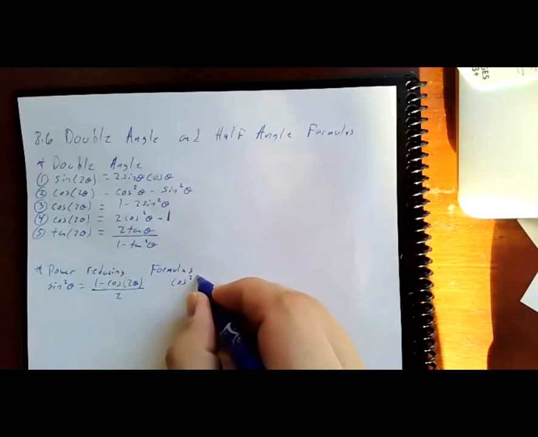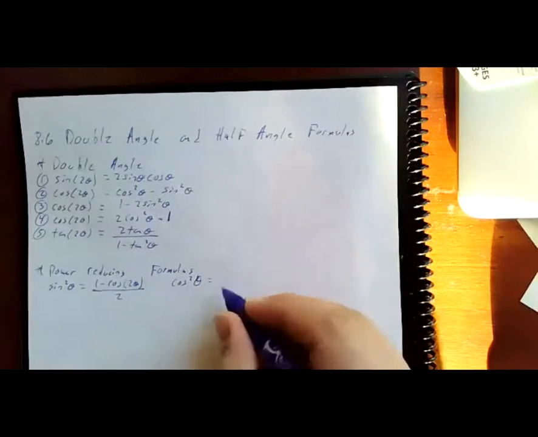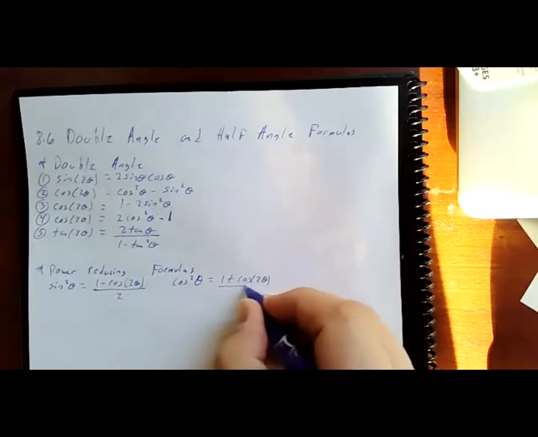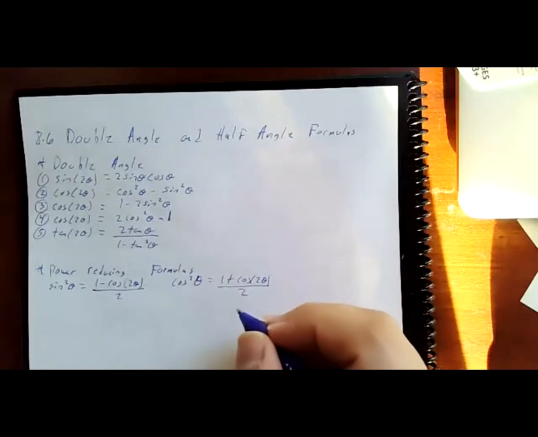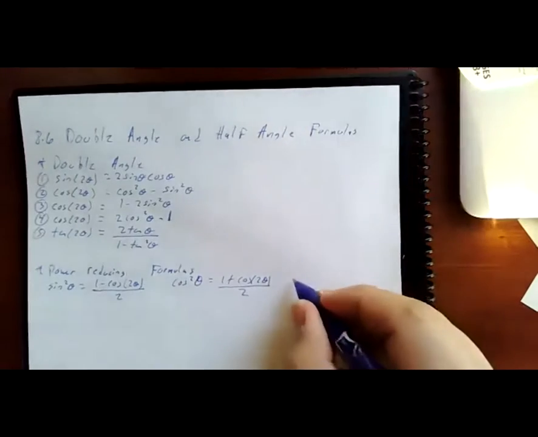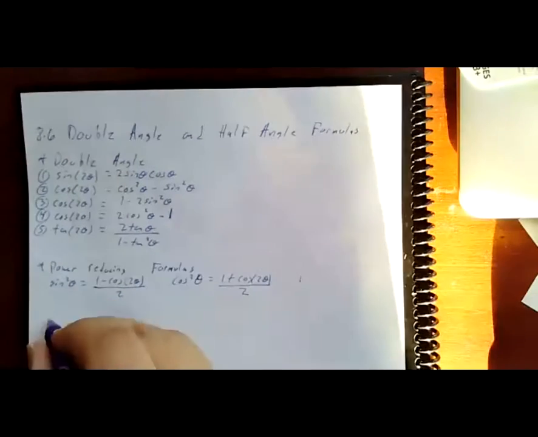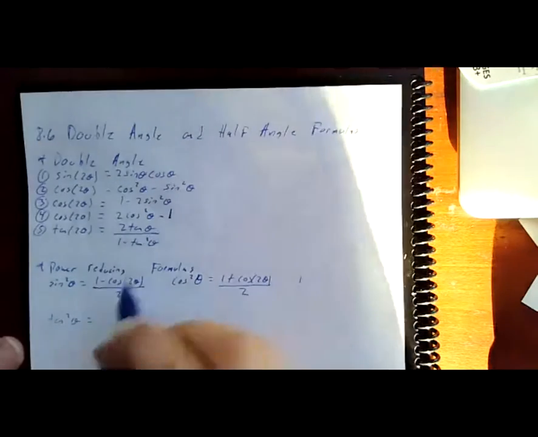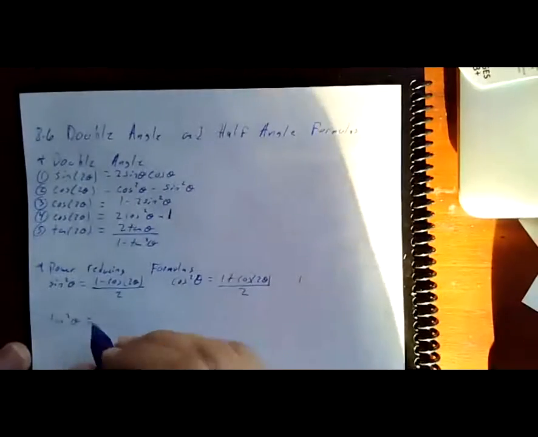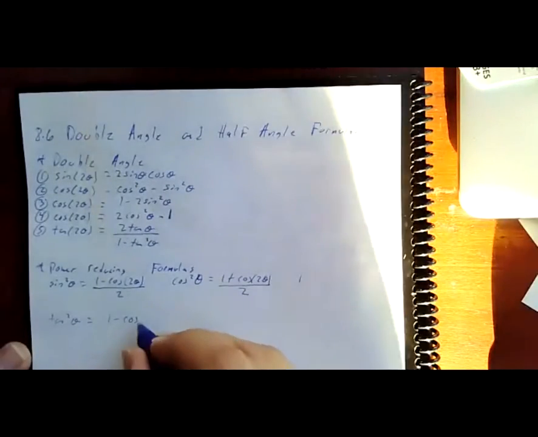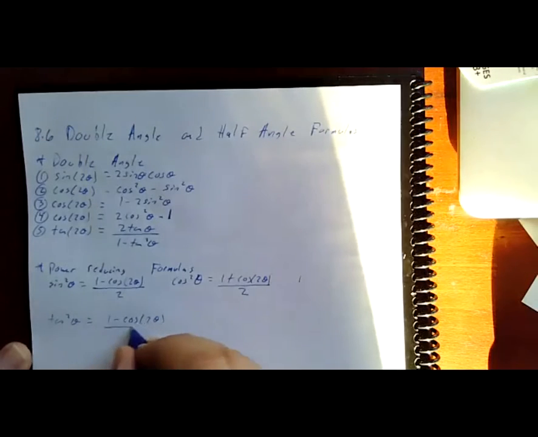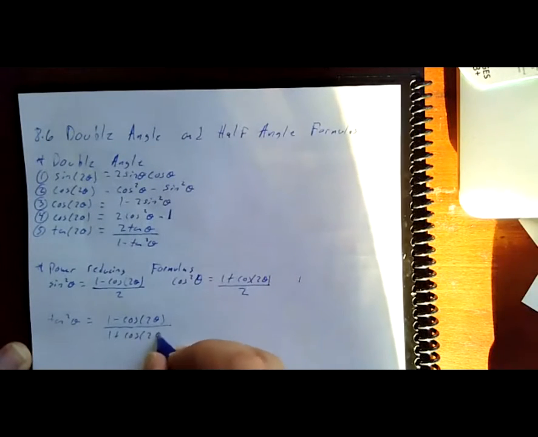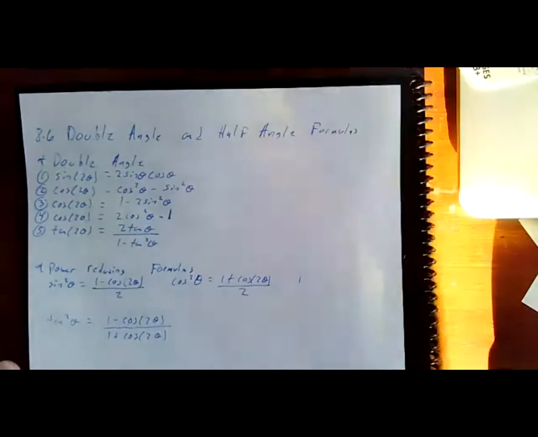Cosine squared theta is equal to 1 plus cosine 2 theta over 2. Tangent squared theta is equal to this quotient, which ends up being 1 minus cosine 2 theta over 1 plus cosine 2 theta.